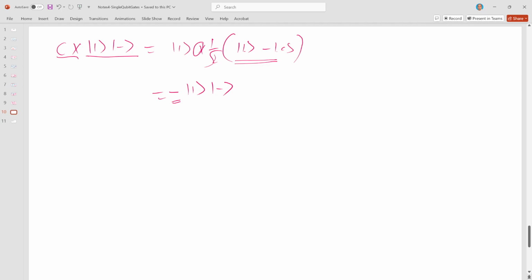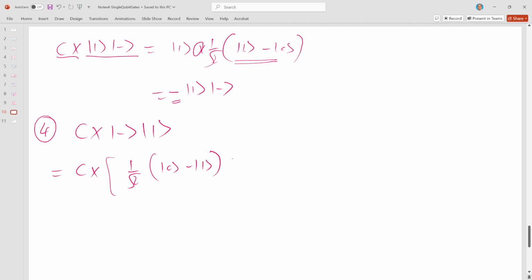And last but not the least important example, let me apply this control X gate to the minus state. So this would be control X applied to 1 over square root 2, 0 minus 1, and this 1.